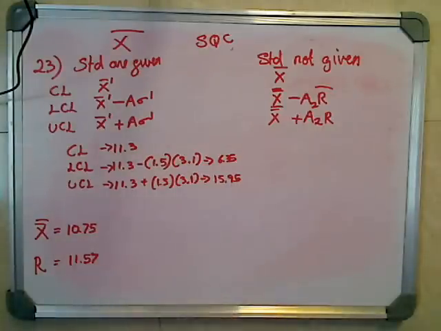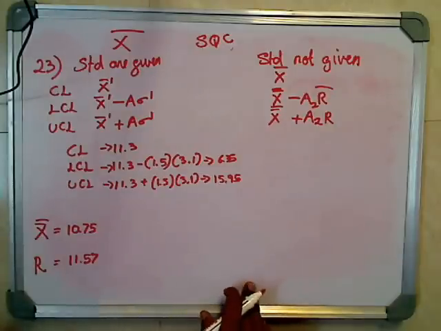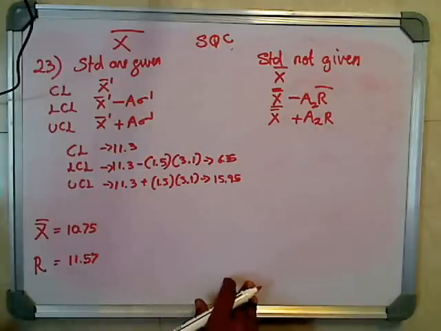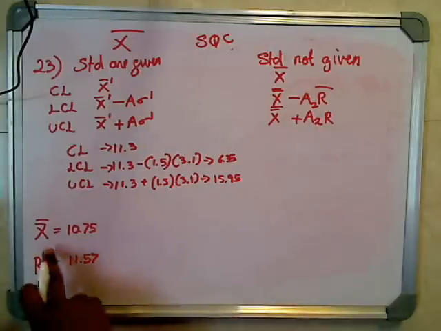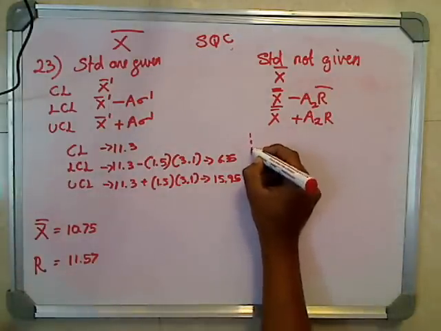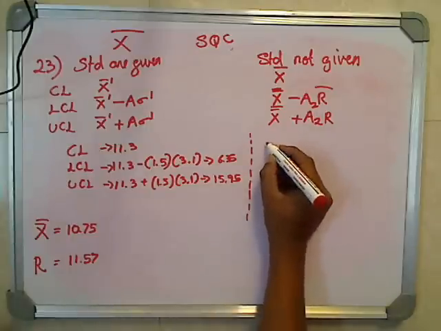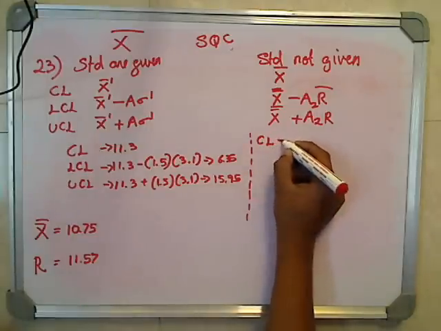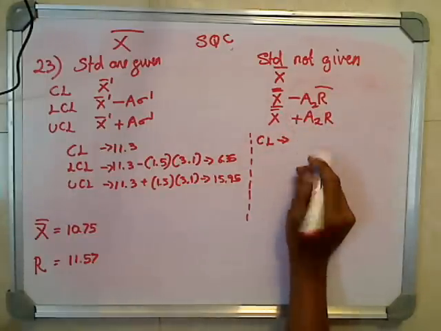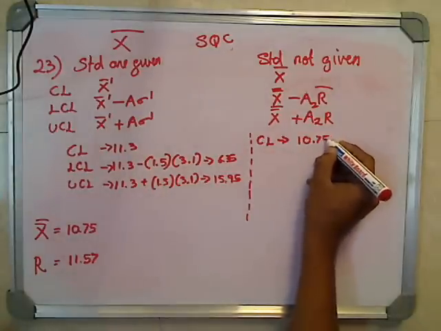Now, the same thing is what you require to do for the case where the standards are not given. Now here, when the standards are not given, you already have one value here. That is, when it comes to the control limit here, let me just put a small divider here, CL is X, that's nothing but the value that you got here, so 10.75.